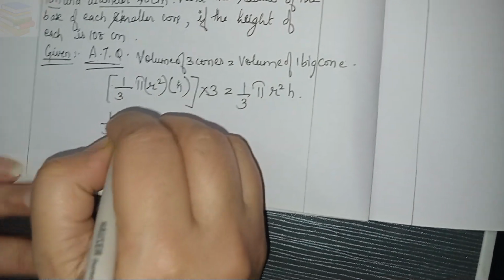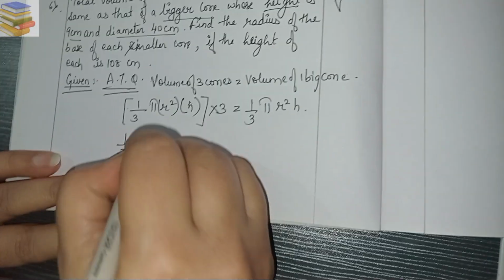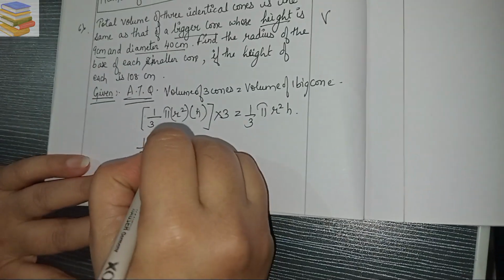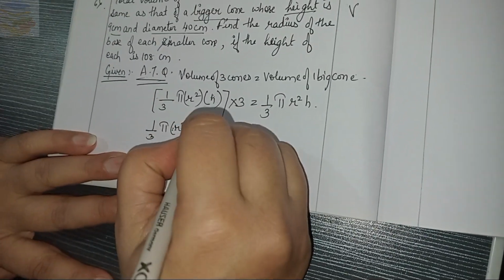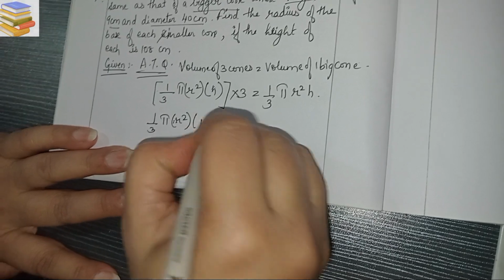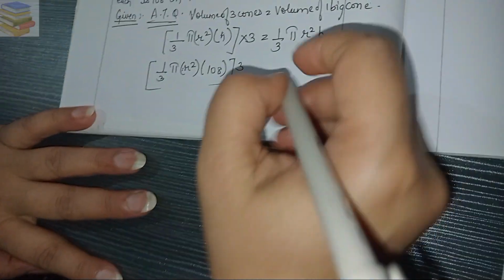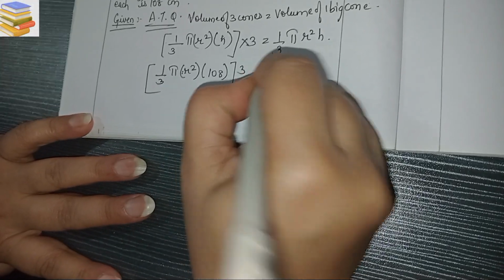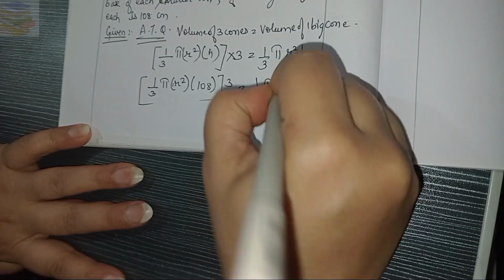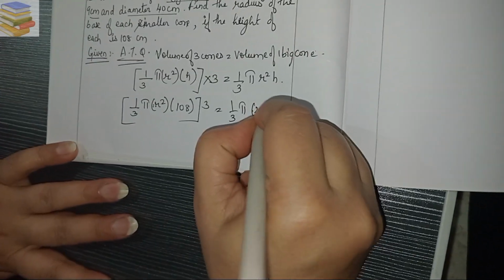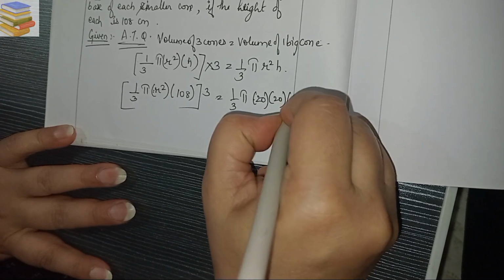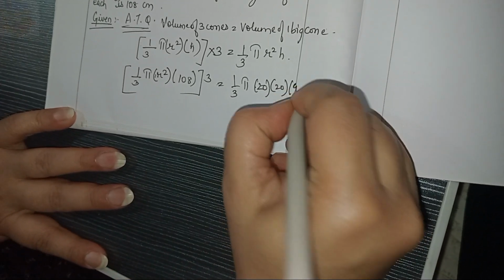By putting the values we get 1 over 3 pi, r square is what we need to find. The volume is given as 108. 3 is equal to 1 over 3 pi, 20, and h is given as 9.